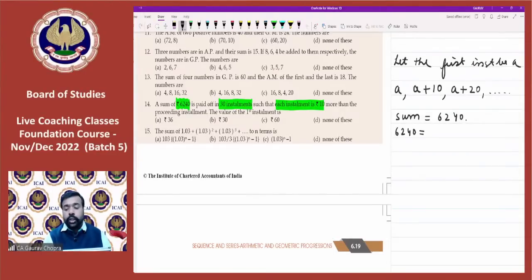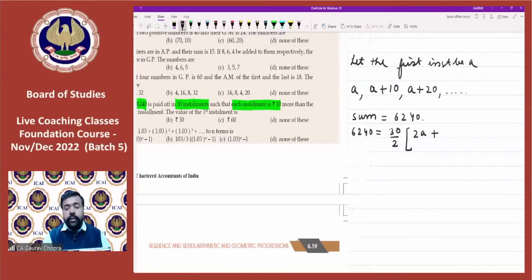6240 is equal to, what is the first term? A. So apply the formula n upon 2. In place of n, we can write 30. 30 by 2 into 2a plus 30 minus 1 into d. What is d? Common difference is 10. So 0 got cancelled.